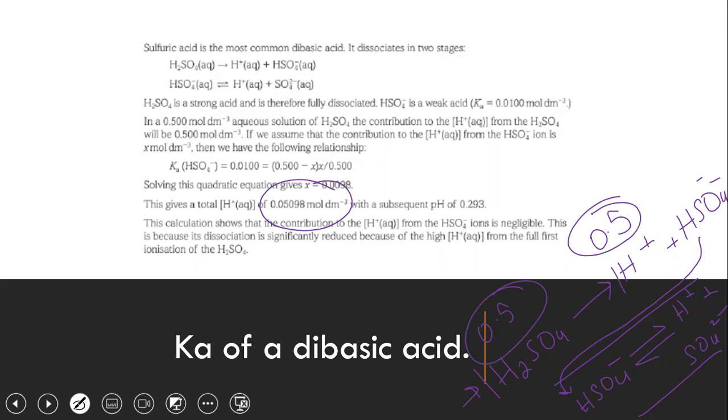In the second step, the concentration of the hydrogen ions is negligible because the majority of the hydrogen ions have already been produced from the first step of the dissociation.